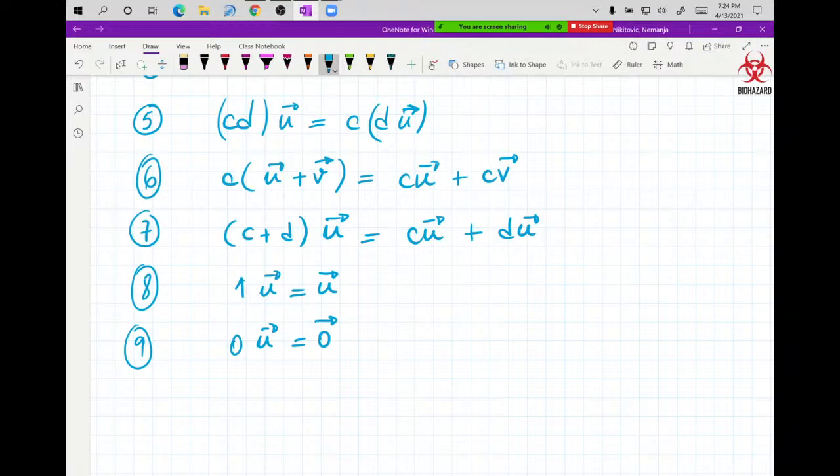And finally, the last one is that the magnitude of c times vector v is the absolute value of c times the magnitude of v.